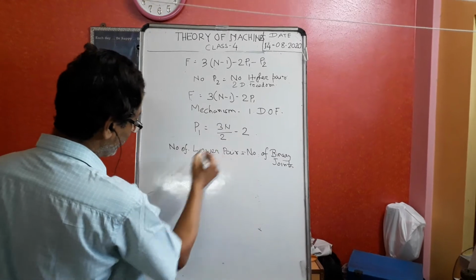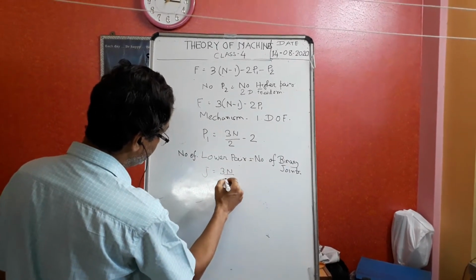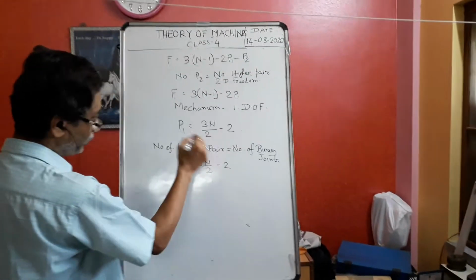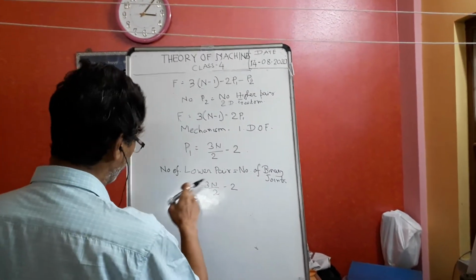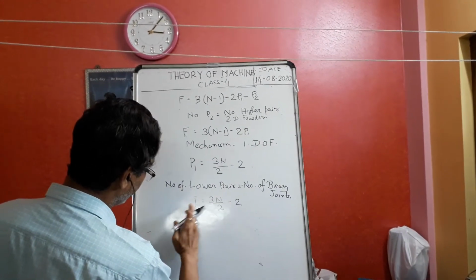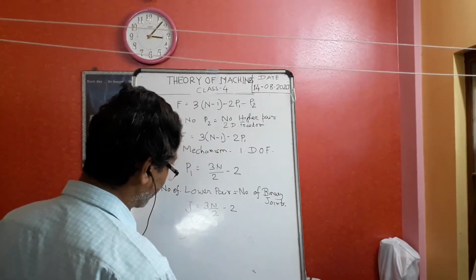So that's why I can convert this equation into J = (3n - 2)/2. So these are the two equations, and by this process I can find the number of pairs or joints. In the last class you also discussed: if the left hand side and right hand side are the same, both matching, then it is a constrained motion and is a mechanism.